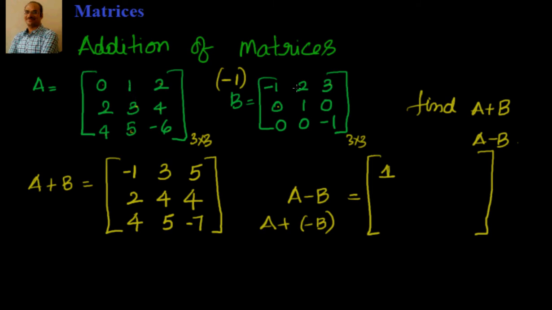And here 1 minus 2, that is minus 1. 2 minus 3 is minus 1. 2 minus 0 is 2. 3 minus 1 equal to 2. 4 minus 0 equal to 4. 4 minus 0, 4. 5 minus 0, 5. Minus 6 minus of minus 1, that's nothing but equal to minus 5.